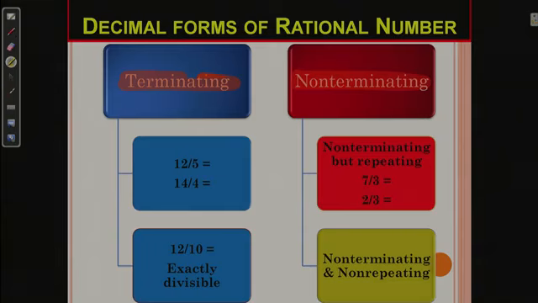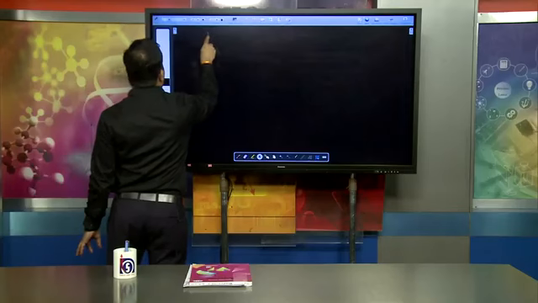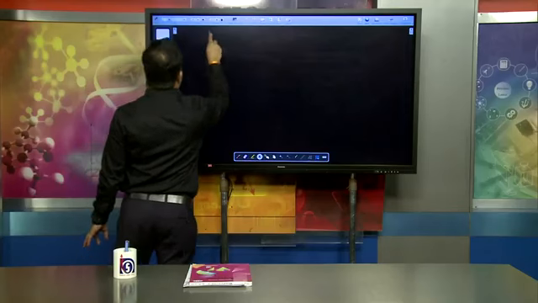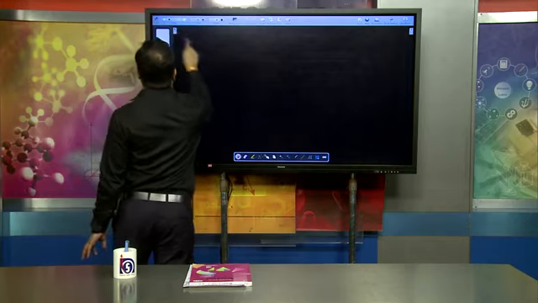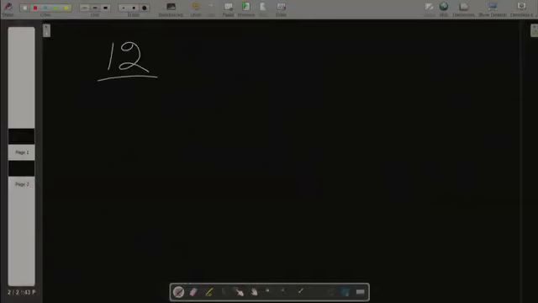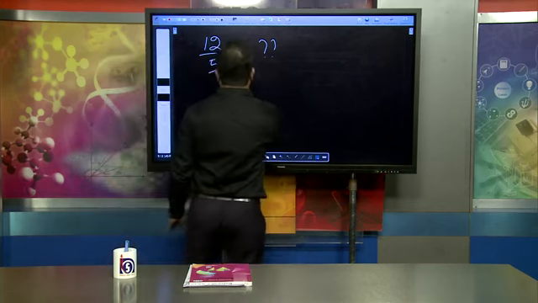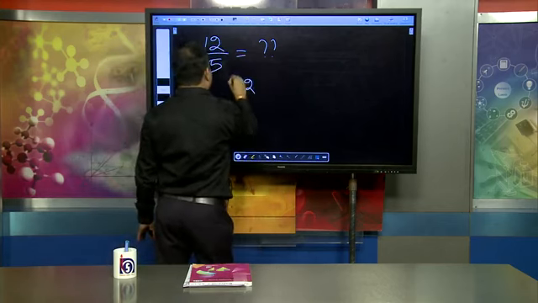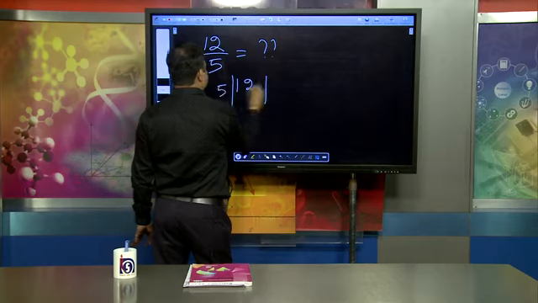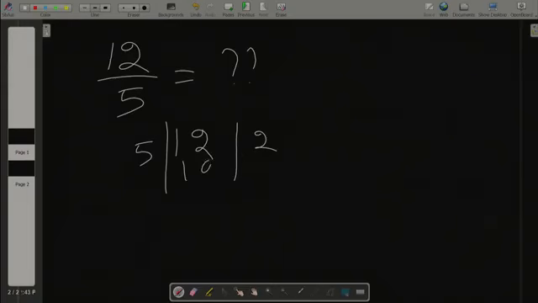12 by 5. What will be its value? You just tell me. 12 by 5 means 12 divided by 5. 5 into 2 is 10, again you will get 2, 0, so 2.4.